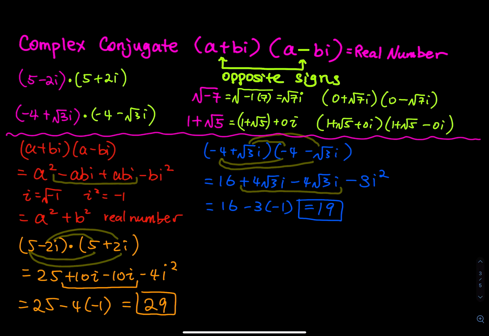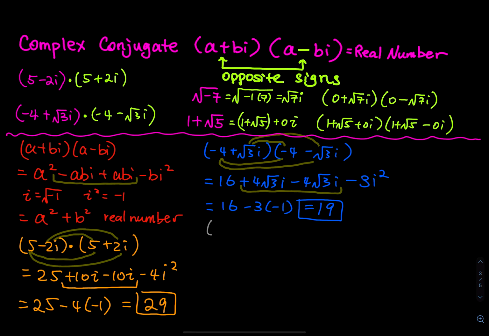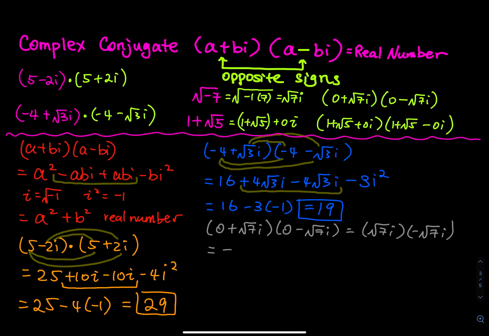Simple, right? Next, we have 0 plus root 7i times 0 minus root 7i, which is equal to root 7i times negative root 7i, that is equal to negative 7 times i squared, which is negative 7 times negative 1, which is equal to 7.